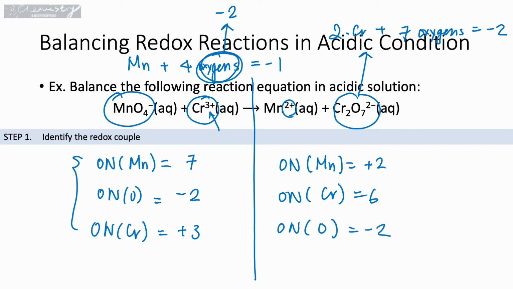By cross-comparing, we know that manganese's oxidation number decreases, meaning that it is gaining electrons, so it is reducing. And for chromium, since its oxidation number increases, we know that it is losing electrons and therefore it's oxidizing.